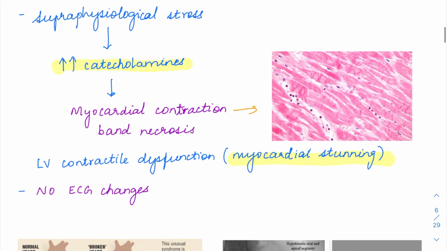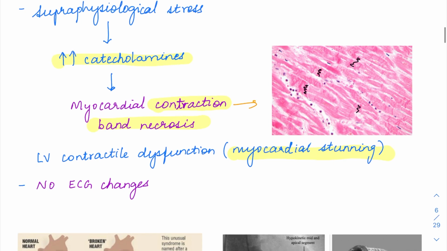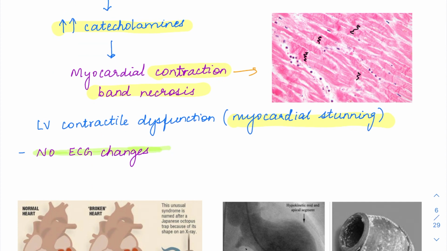So because of that, there will be contraction band necrosis of the myocytes. So these pink areas, if you see, these kind of rugae we are seeing, these are nothing but contraction band necrosis. So this is again a classical feature we see in Takotsubo cardiomyopathy. And the most important one of which will be, there will be no ECG changes seen in Takotsubo cardiomyopathy.